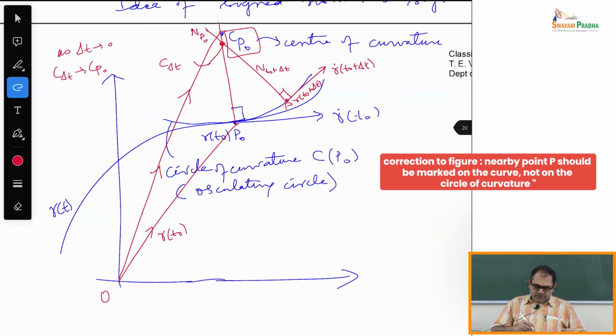C P naught. So this vector, I call it epsilon of T naught, and it is the position vector of the center of curvature. And I told you the locus of the center of curvature is called the evolute of the curve, and that's why I use epsilon for this vector. And by vector addition, this epsilon T naught vector is gamma T naught vector plus this.